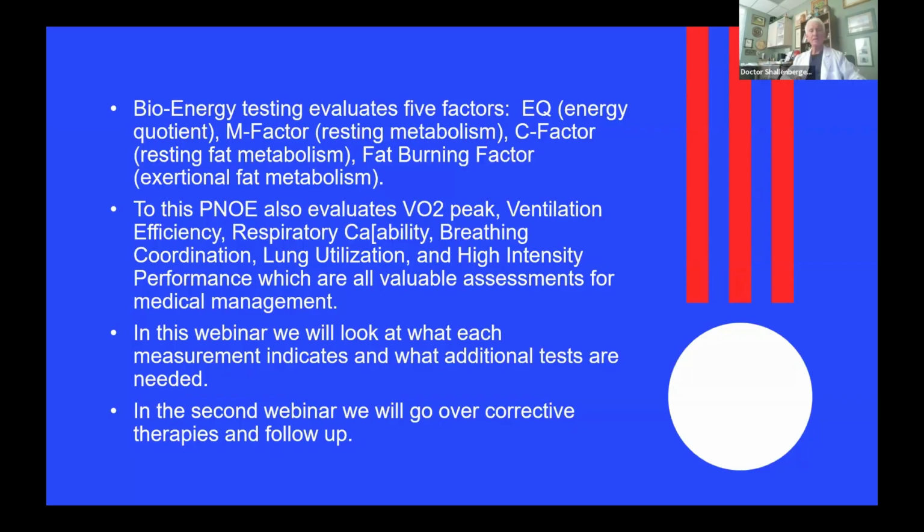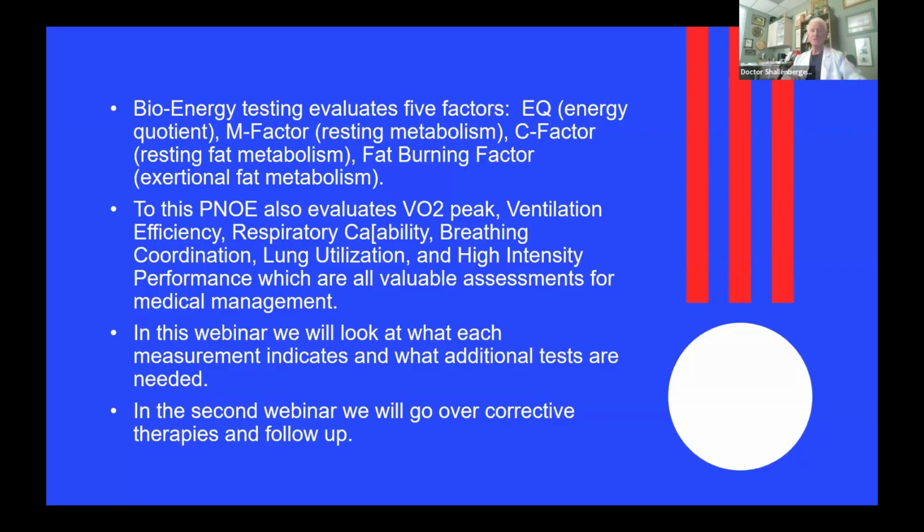So those are the main things that the bioenergy testing evaluates. But what is exciting to me is those are the things I've been using for the last 25 years. But PNOE has added in so many more metrics. They're evaluating VO2 peak, ventilation efficiency, respiratory capability, breathing coordination, lung utilization, high intensity performance.